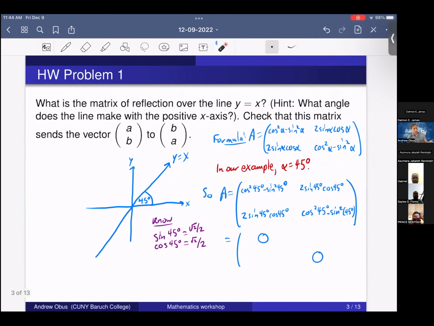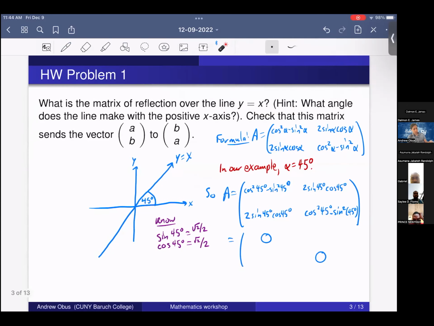And then these entries are the same. 2 times sine 45 times cosine 45, as Gabriel said, is going to be 2 times square root of 2 over 2 times square root of 2 over 2. And this over here is also 2 times square root of 2 over 2 times square root of 2 over 2.